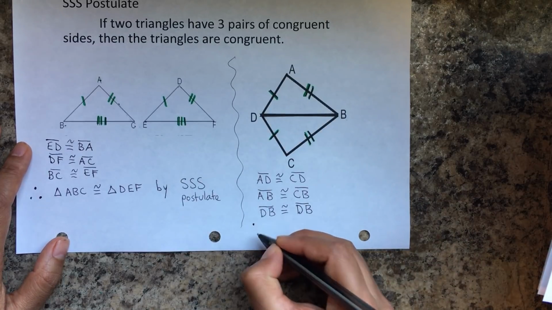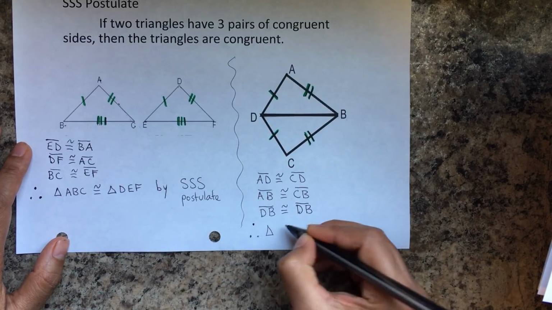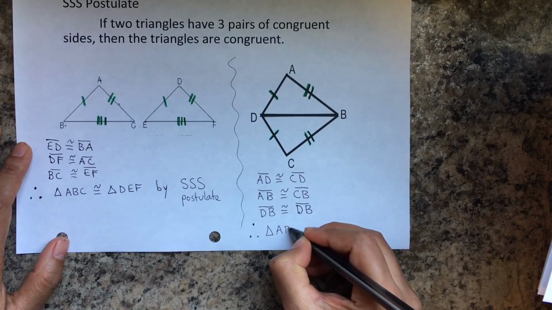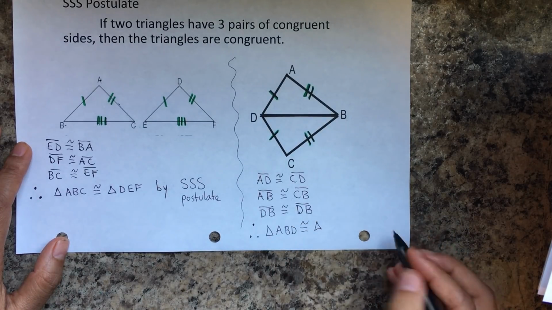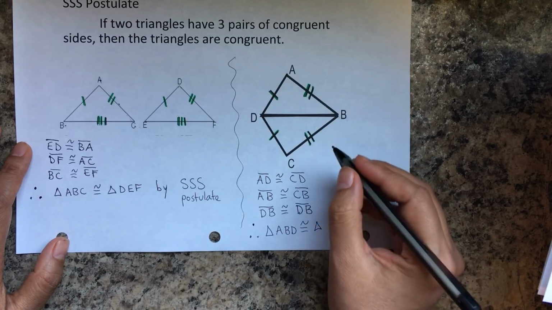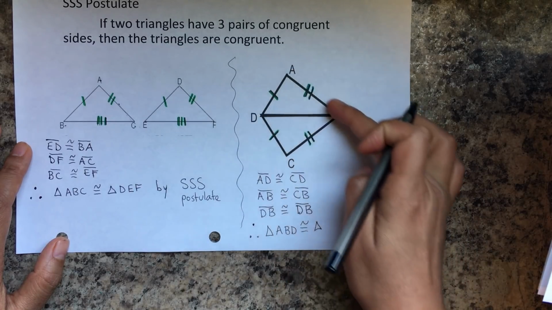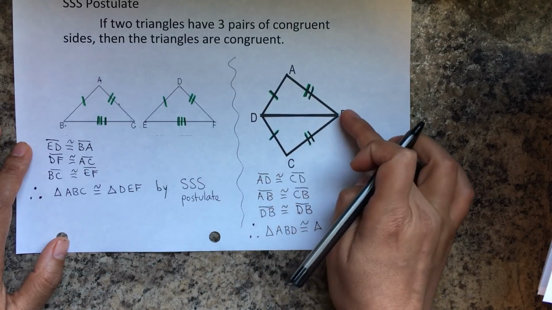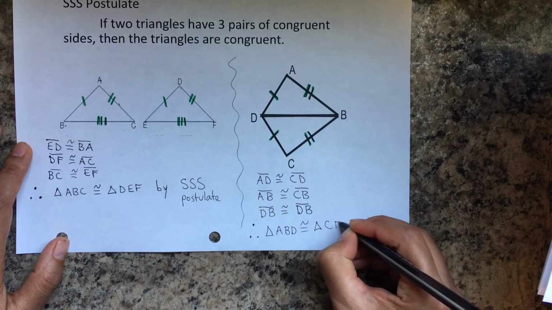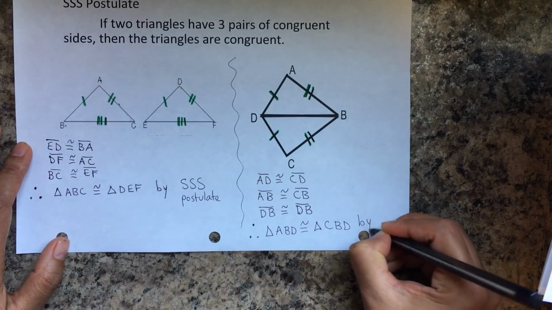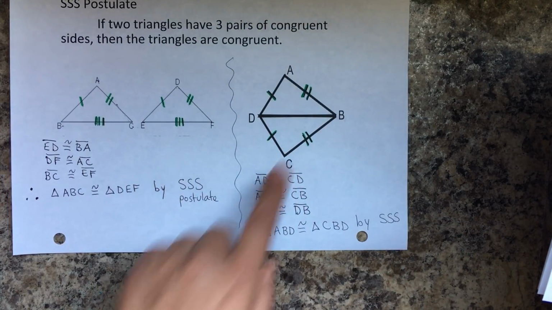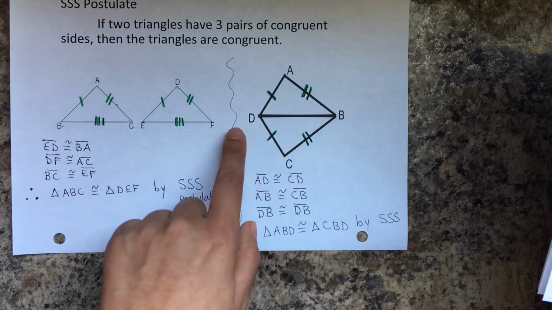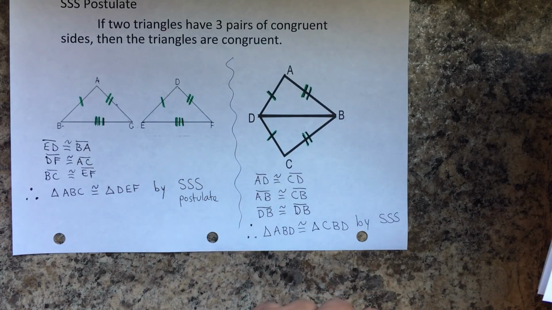And again, we can say therefore, triangle ABD is congruent to triangle CBD, and again, by the side, side, side. The reason for which this is congruent to itself is because of the reflexive property.